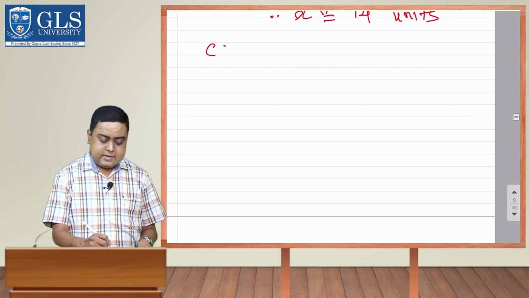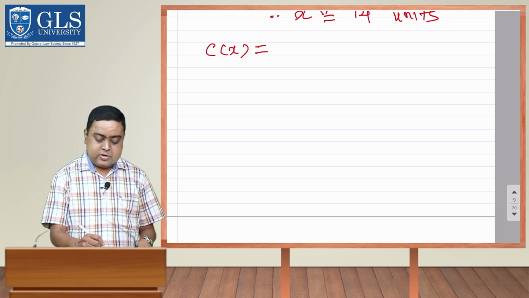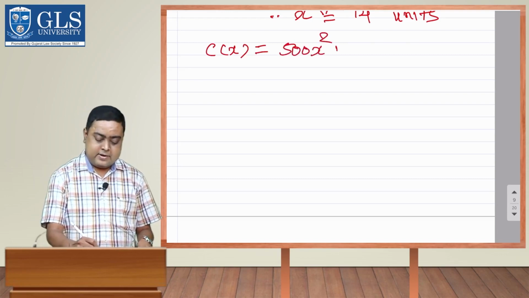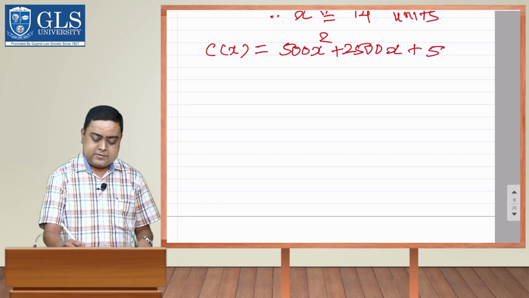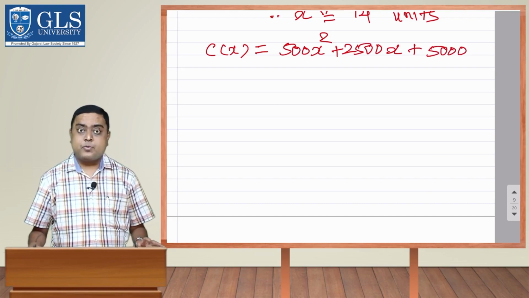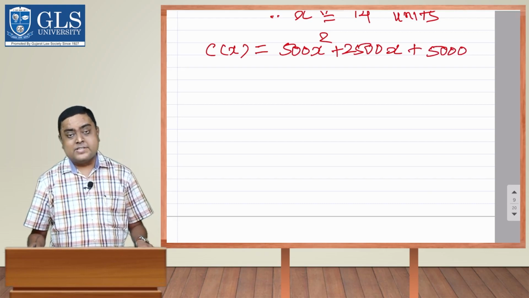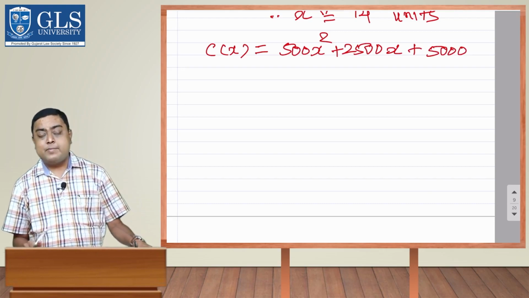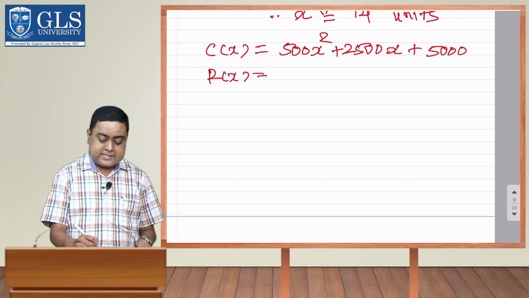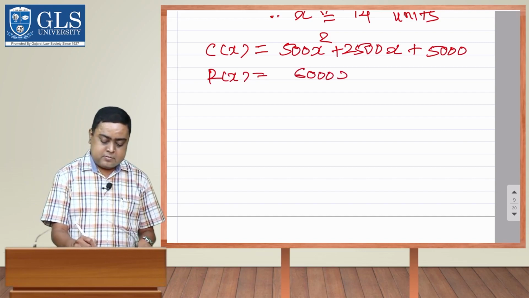Friends, here you are given the total cost function, 500x square plus 2500x plus 5000. The total cost function is provided to you, but we see that the total revenue function is not available. So let me find it. Selling price is given equal to 6000.